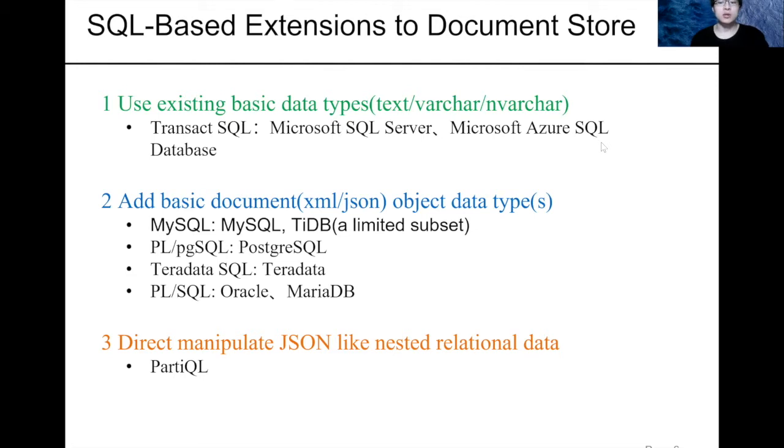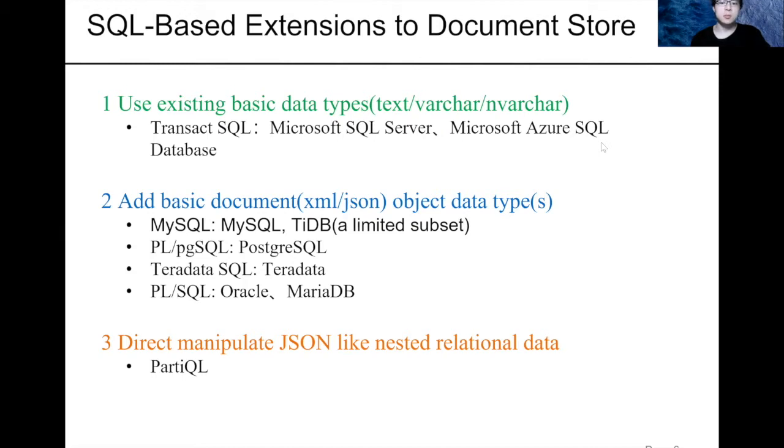As shown on this page, SQL-based document data model extensions can be roughly divided into three extension methods. First, a query language could use existing basic data types such as text and varchar.